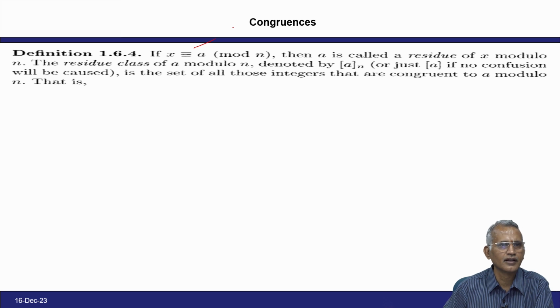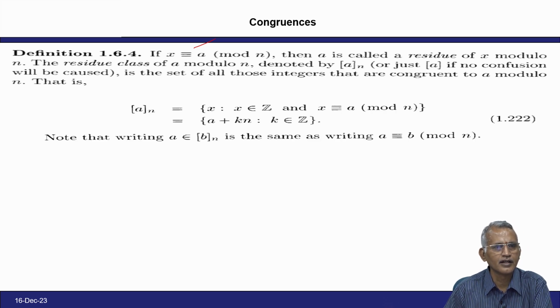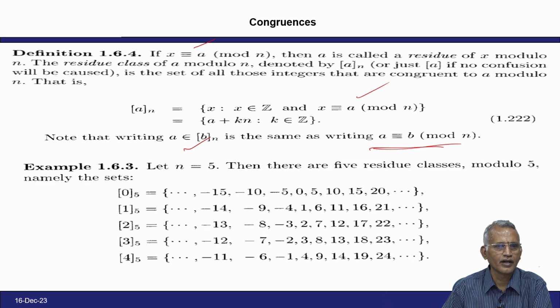That is, the congruence class of integers modulo n is the set of x such that x in Z, where x is identically equal to a under modulo n, or rather we can write a + kn where k belongs to Z. So, note that writing a in [b]n is the same as writing a is identically equal to b under modulo n. So, for example, let n equal 5. There are 5 residues modulo 5, namely the sets of integers modulo 5 of 0 is... So, these are all the numbers.